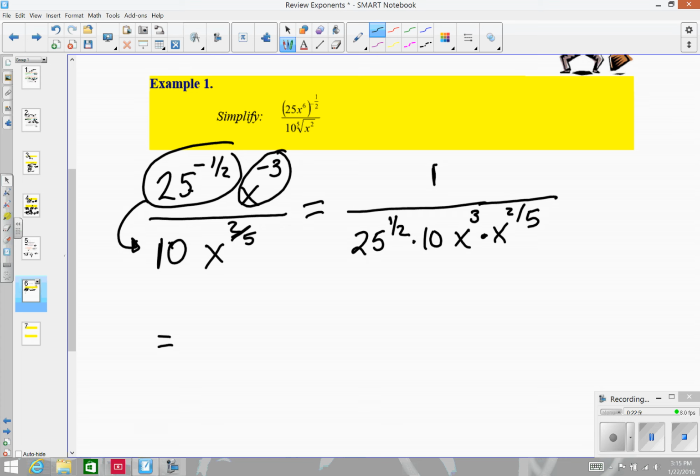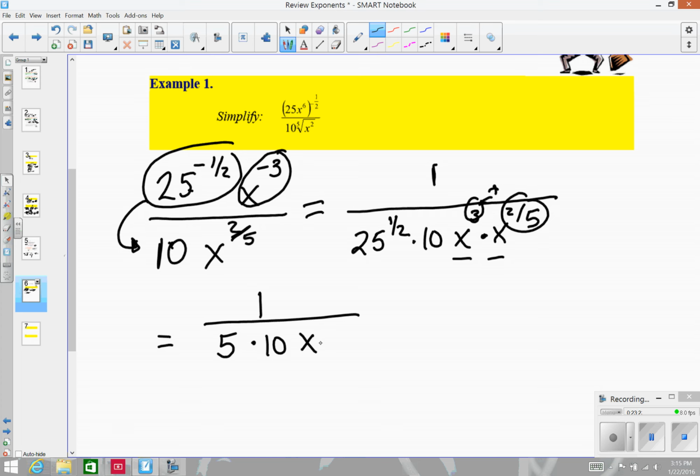So here's what I've got. 1 over, now 25 to the 1/2 power, same thing as the square root of 25, that's 5. Multiplying that by 10. And then I've got these x's, same base, so I'm going to add my exponents here. 3 and add that to 2/5.